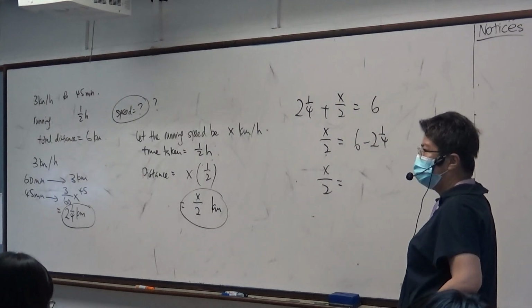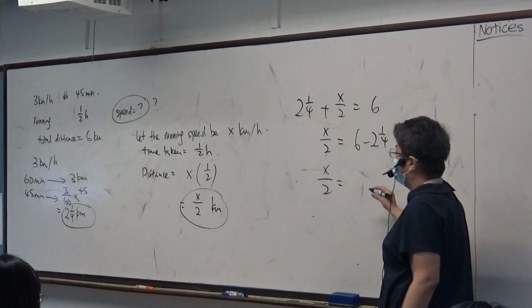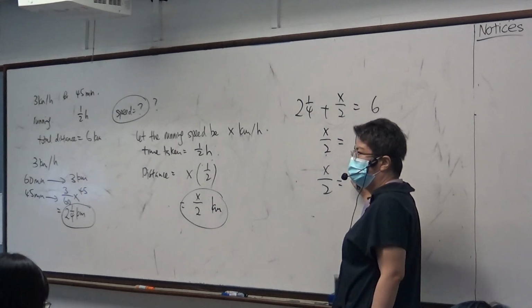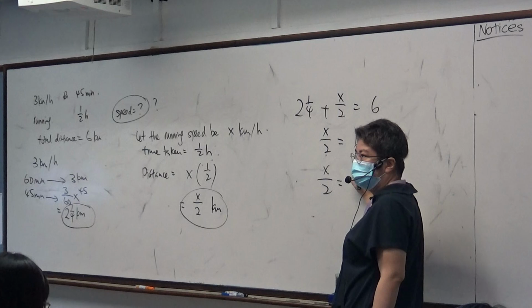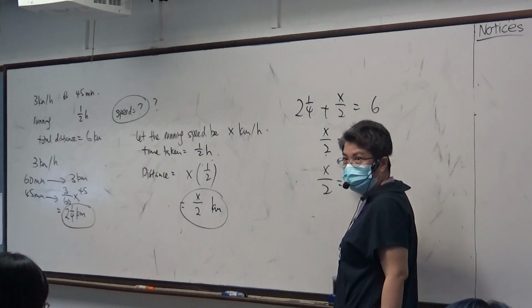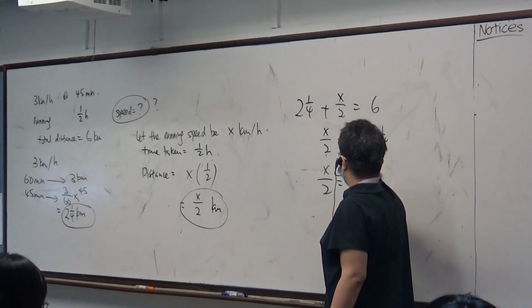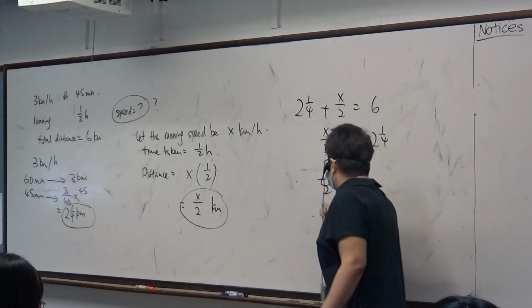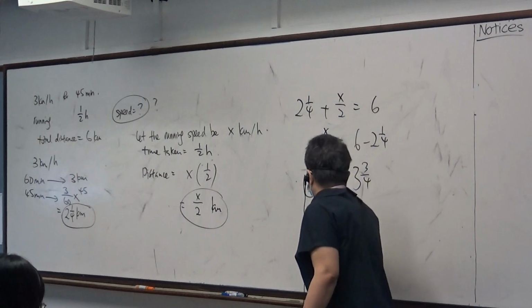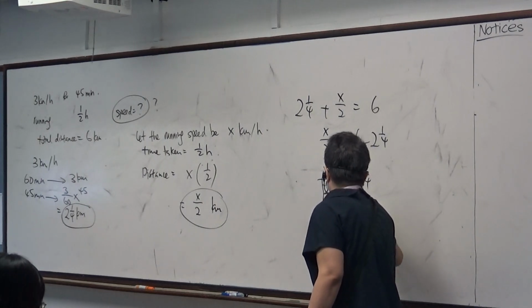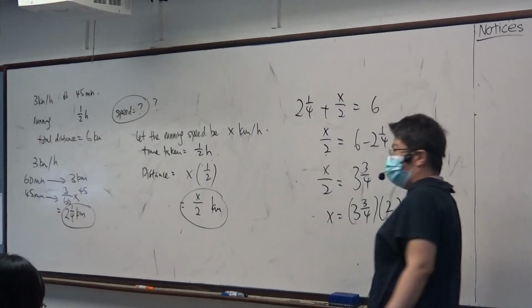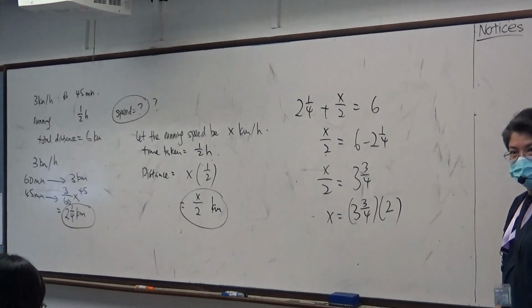What is 6 minus 2 1/4? 3 3/4? 3 whole 3/4? So, this one is divided by 2, right? When I bring it over, it becomes what? I must times 2, correct?